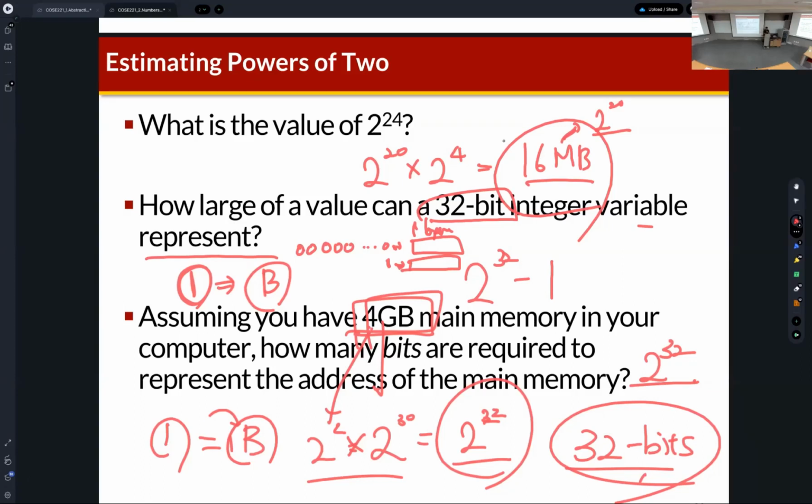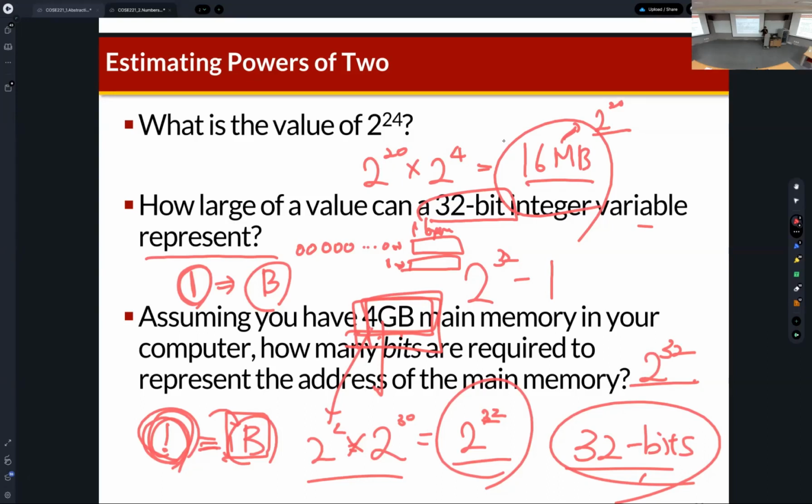Each address number is mapped to 1 byte of data, and this memory can store 4 GB of data, so each byte needs to be identified by a different address number.